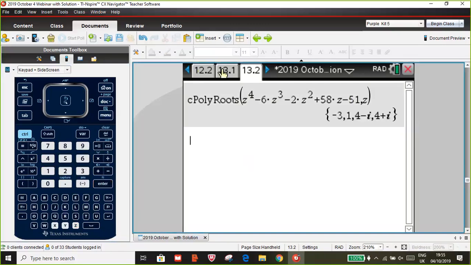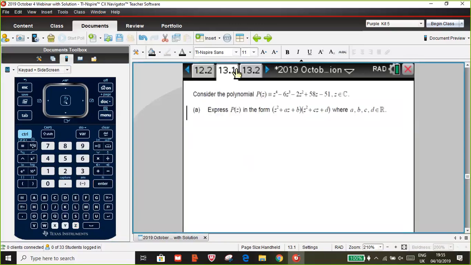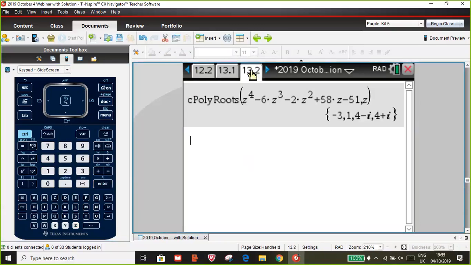The question says factorize this. But we can't factorize it, right? The calculator can't factorize for us, but it can give us the 4 roots. After that, we can use sum of roots and product of roots to find the factors, which I will leave for you, but I'll show you one. Just how to get the sum of roots for 4 minus i and 4 plus i, right? Just type in negatives.